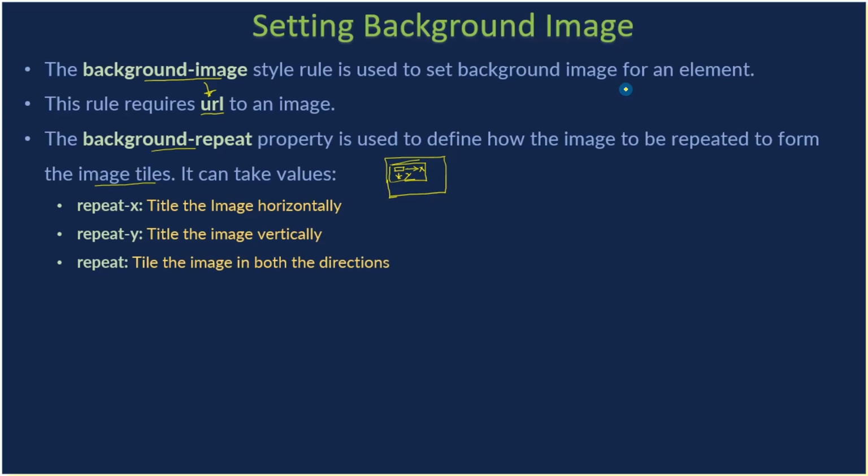Both directions in the sense, say for example, if this is the tile, it will be copied horizontally, or we can say vertically. Once this is copied horizontally, then it will be repeated in the Y direction as well.